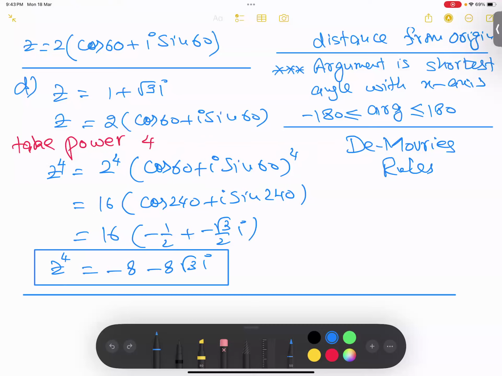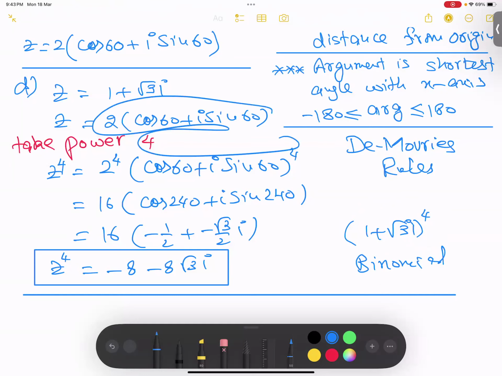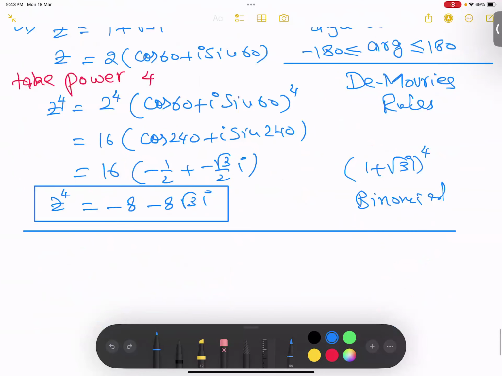If I have this with power 4 and I say use the binomial formula and solve it, it is very hard to do, and you have to expand very carefully with iota. It's a lengthy process. But you saw how easily I first converted to polar form and then took the power 4 and got the answer. I believe the point is very clear.